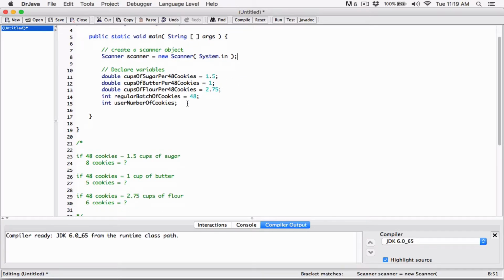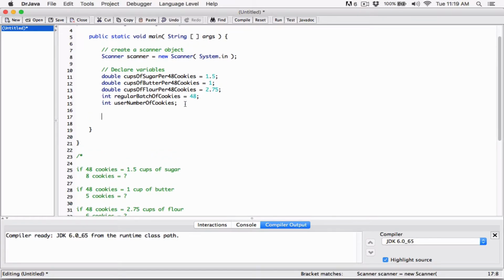Now that we have a scanner object, we can accept input. First thing we do is ask the user how many cookies he or she wants to make. So, please enter the number of cookies.